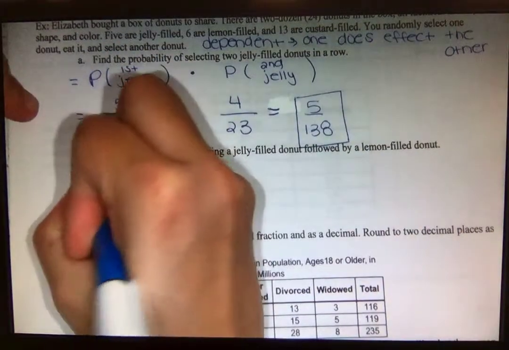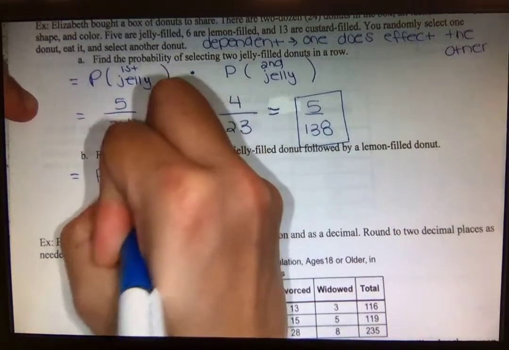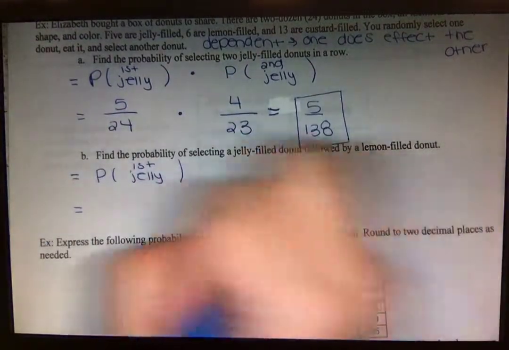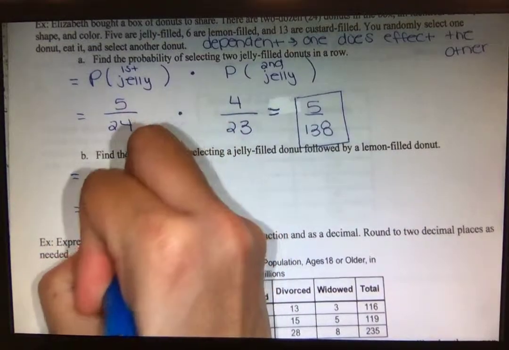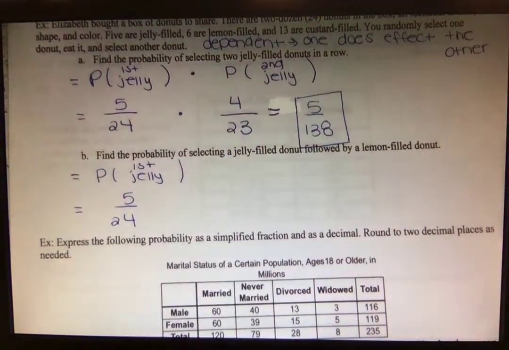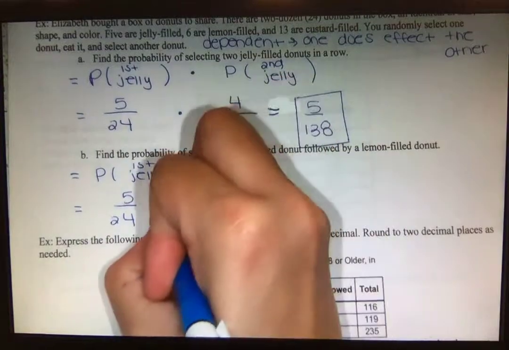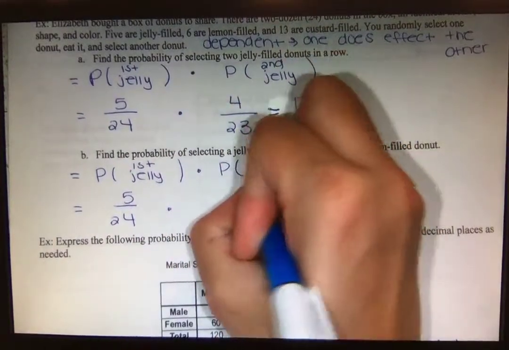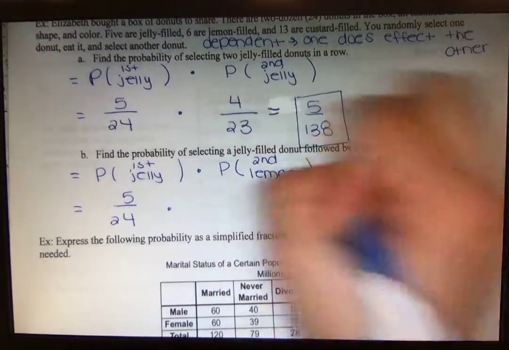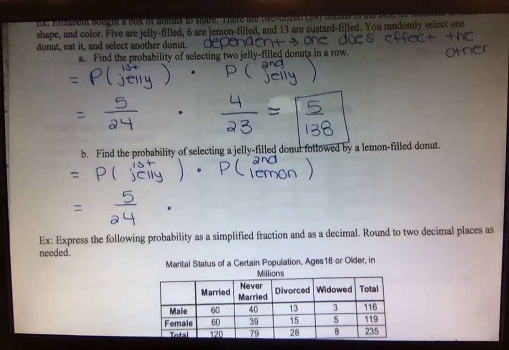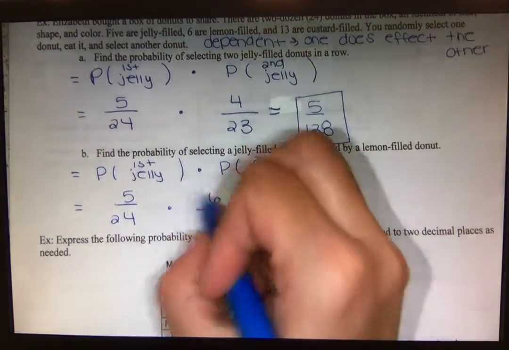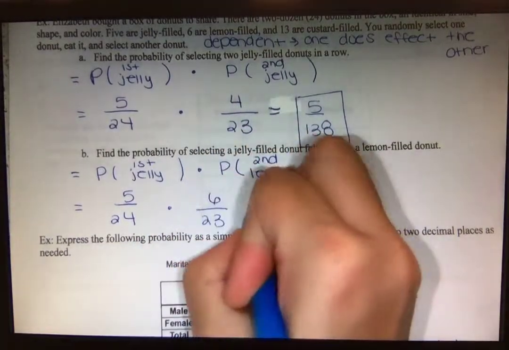So we have to find the probability of our first jelly donut. How many are jelly? 5 out of our total 24 again. So the probability of the second is going to be lemon-filled. How many are lemon? 6 out of how many donuts are there now? 23. Good, you ate one.